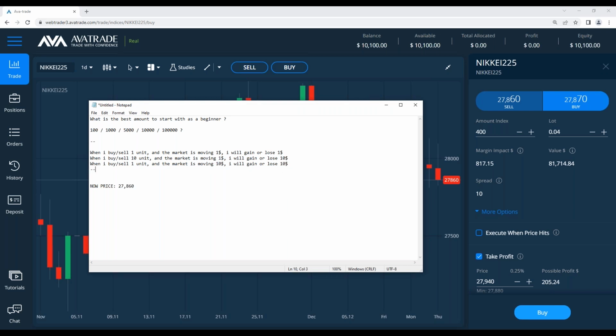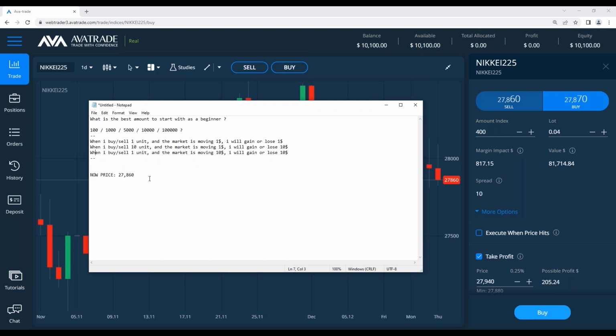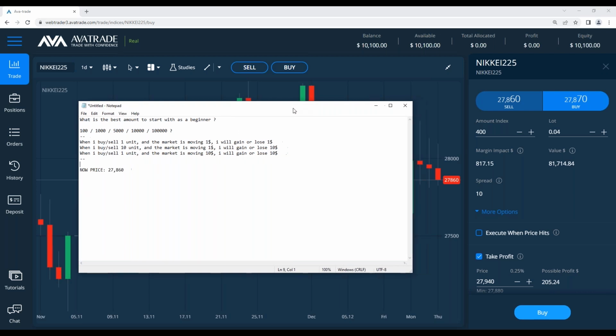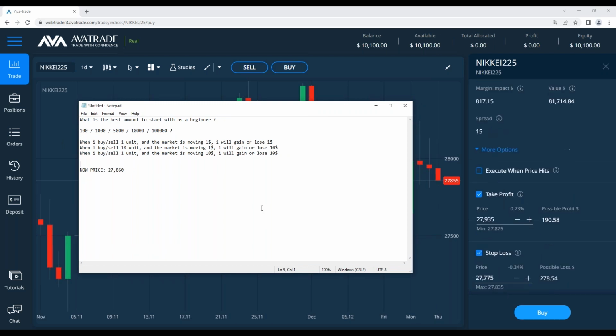This is going to stay like that for a couple of minutes for you guys to digest. Okay, and we will understand with this a bit better what is the best amount to start with. The now price is $27,860. And if I'm looking at the chart, I'm planning to make $1,000. The goal here, we're not going to keep it a secret, is $1,000.